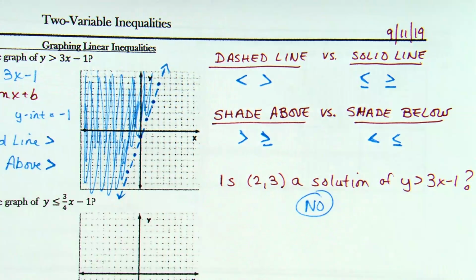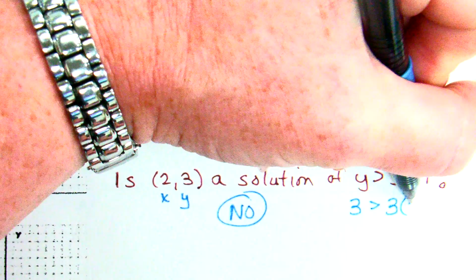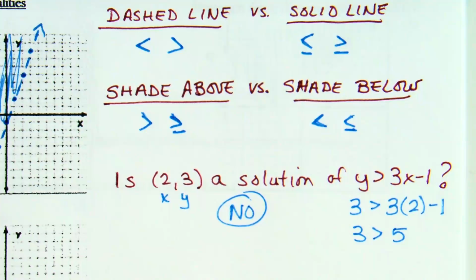So putting in 3 for y greater than 3 times 2 minus 1. 3 times 2 is 6. 6 minus 1 is 5. Is 3 greater than 5? No. And so, same answer, right? You can plug it in, find it out that way, or look at the graph and see if it's in the shading or not. Questions on that?